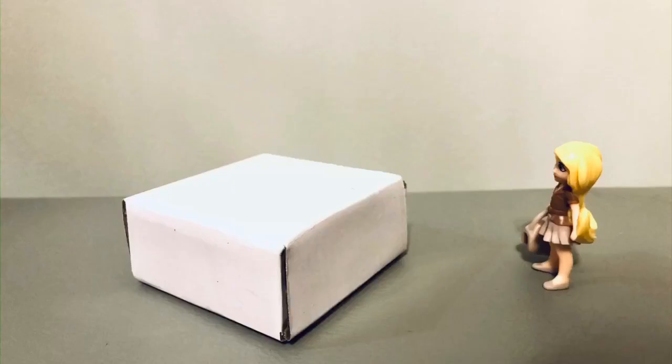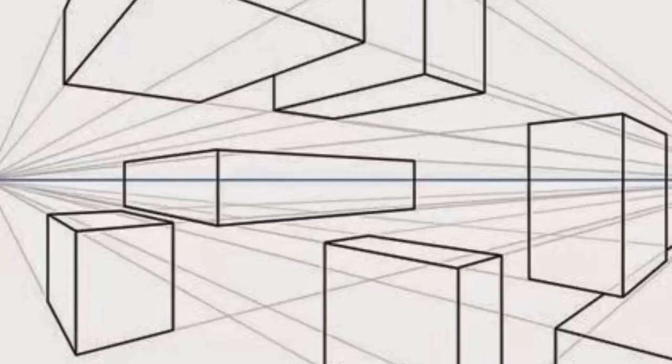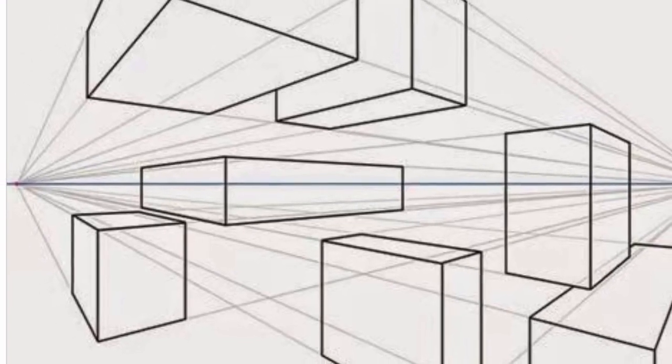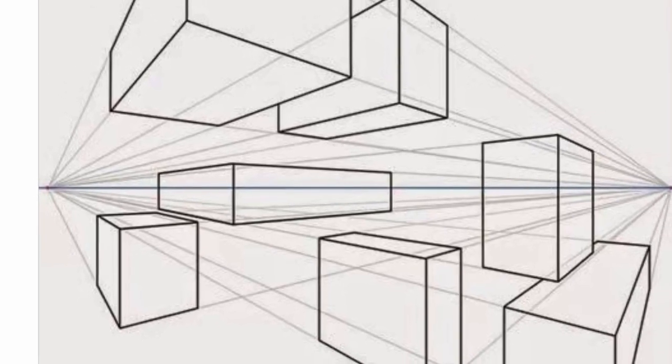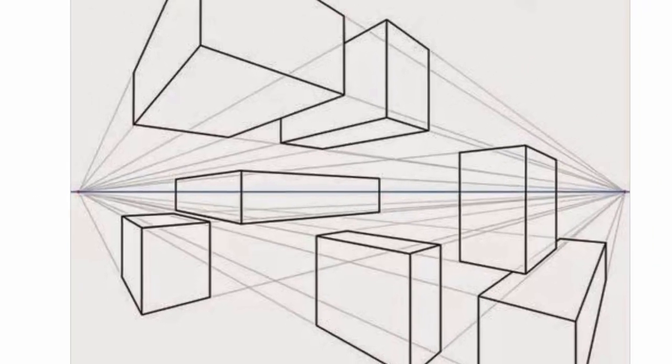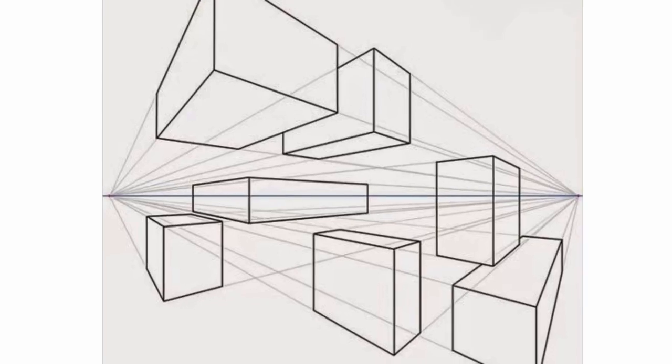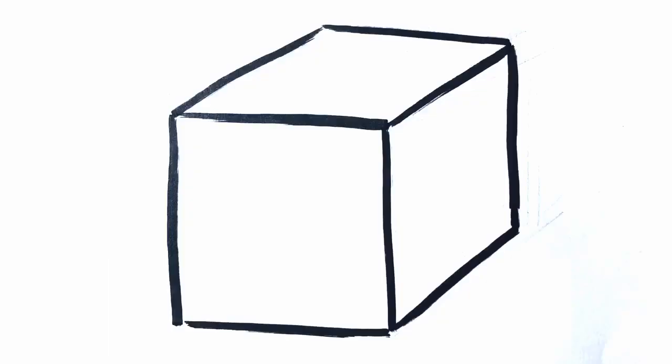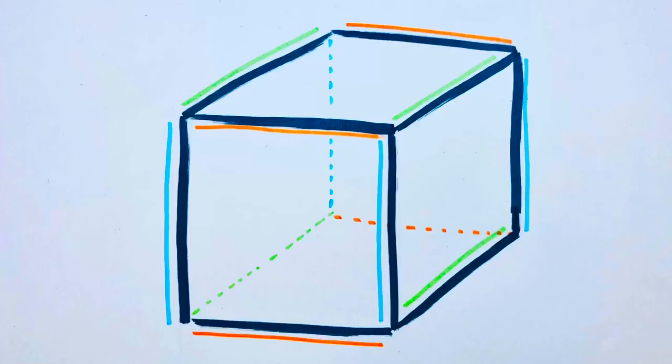In two-point perspective, you're looking at the side of the box. So the vertical lines remain vertical, and other lines are converging at two different vanishing points. We know in reality the cube has three groups of parallel lines.